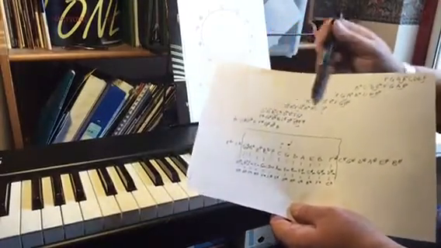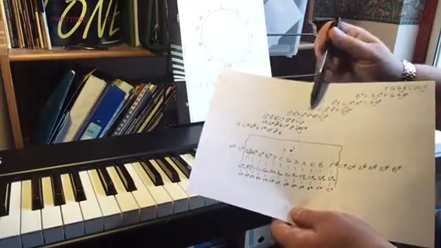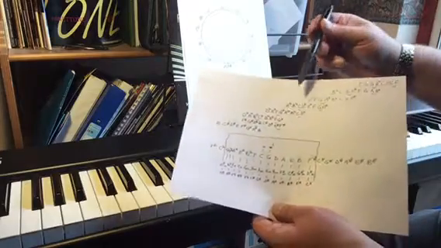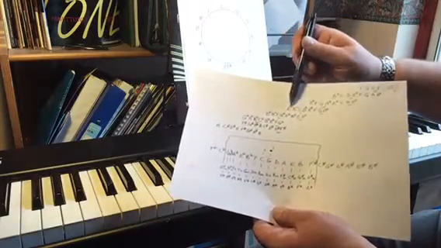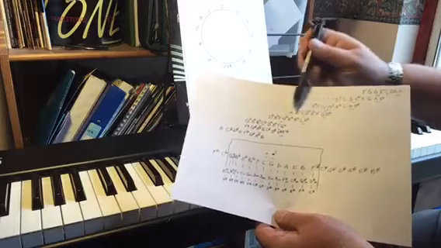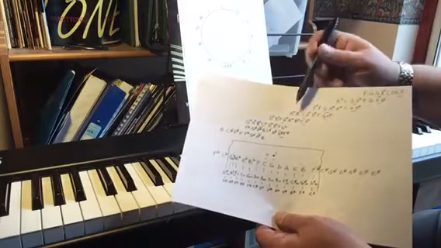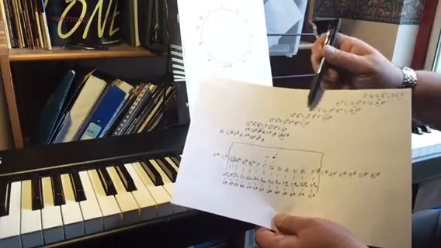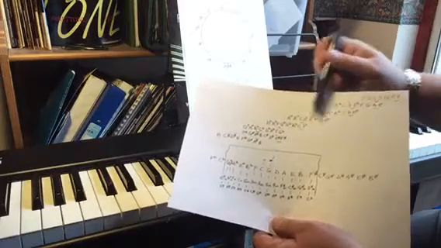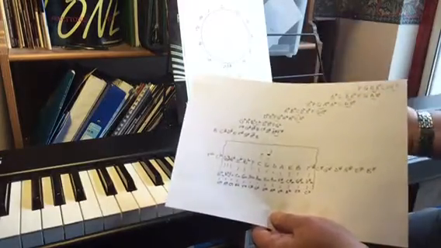G flat major 6 flats, D flat 5, A flat has 4 flats. Incidentally, you might notice, of course, that because we start and end on the same note, that is still only counted as 4 flats. B flat, E flat, A flat, and D flat. The fact that the A flat appears twice doesn't count it as double.